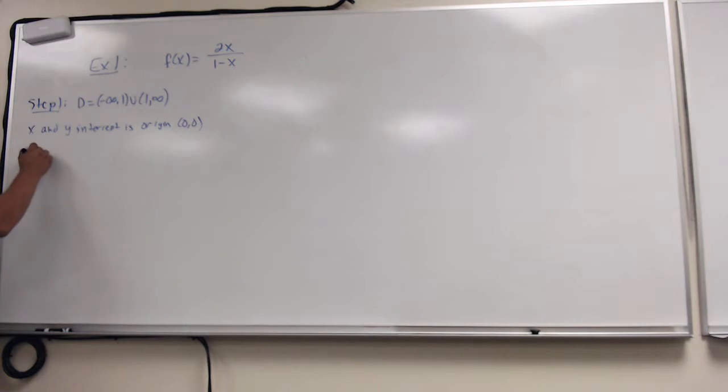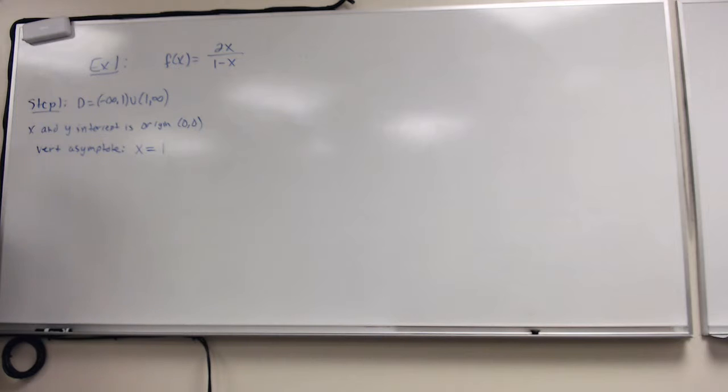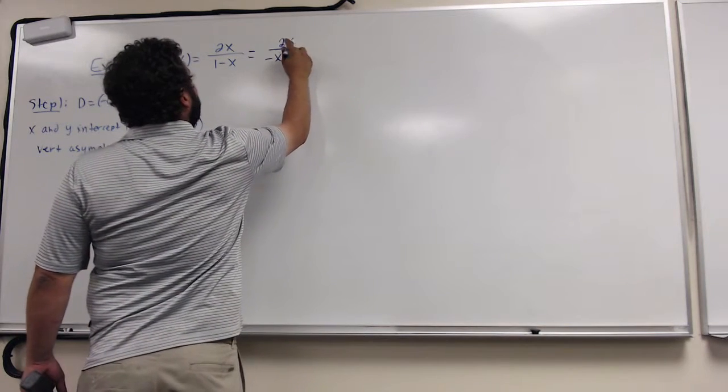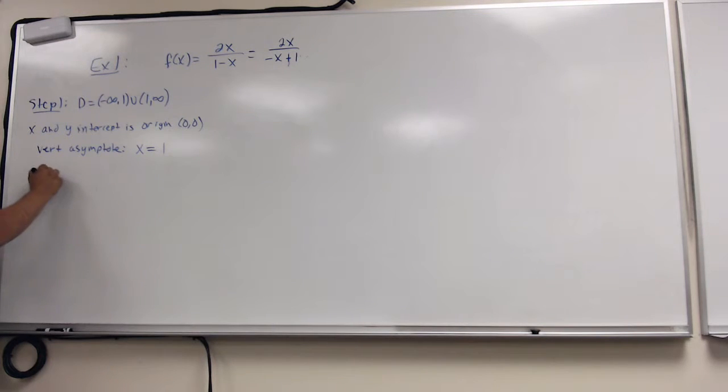And then you've got the vertical asymptote. And that's going to be x equals 1. So that's what makes the bottom 0, but not the top 0. Now, if I rewrite this in a certain way, can anybody tell me what the horizontal asymptote is? -2.